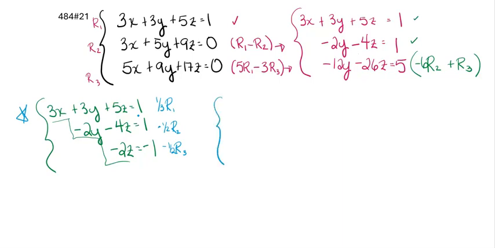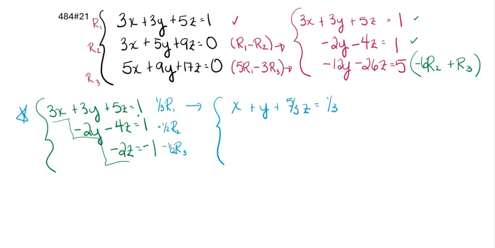So when I do that, 1/3 times every element in the first row gives me x plus y plus 5/3 z equals 1/3.